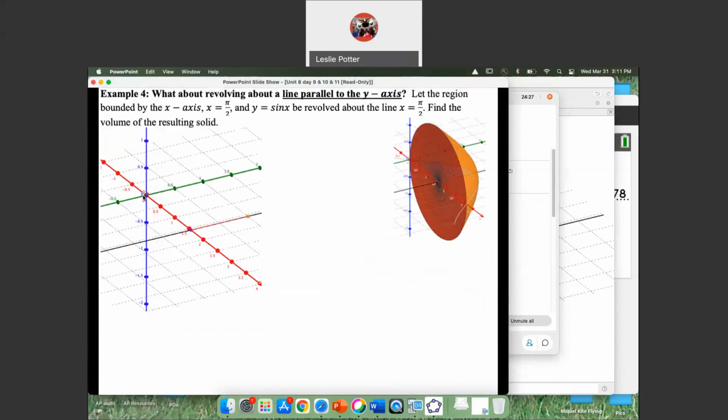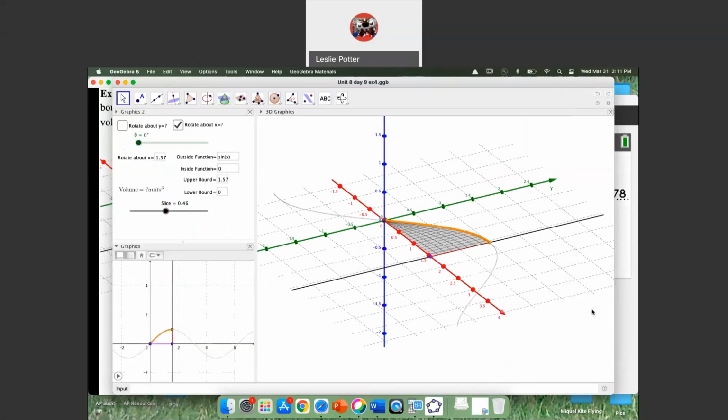No longer going about the green or the red, but we're going about this line, and it's parallel to it. Okay, so it says let the region bound by the x-axis, the line x equals pi over 2, and the function sine x. So we know sine x starts at 0 and comes up to 1. It says let's revolve that about the line pi over 2. So we're looking at this region, bounded by the x-axis, pi over 2 and sine x, and we're revolving it around this line pi over 2.